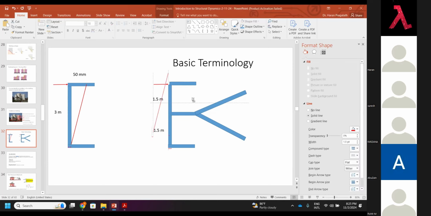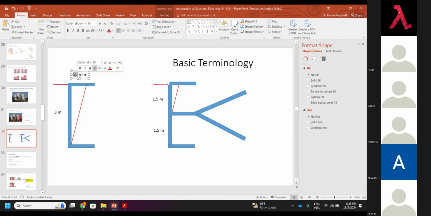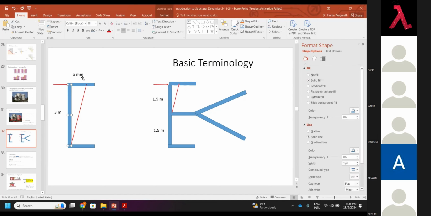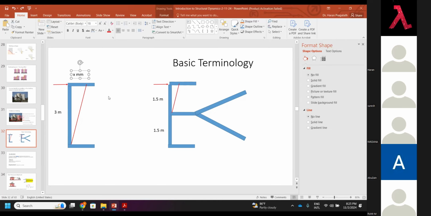So in this case, it will be deflected in this region. It will not be 50 mm; let's say delta is x mm. Normally this column will fail, let's say at 50 mm.